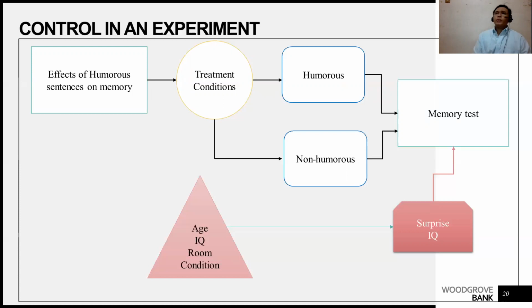In order to have a proper response for the elimination of the confounding variable in his study, which is the level of surprise, the question constructed is: do the participants recall the sentences because of humor, or because of surprise? To eliminate the problem, Schmidt modified the process of the treatment conditions. In what way?